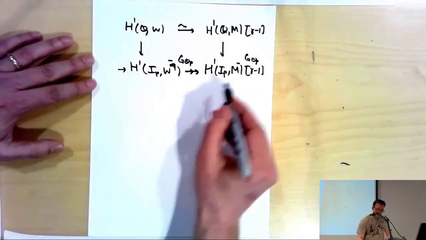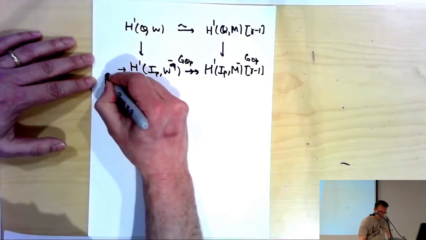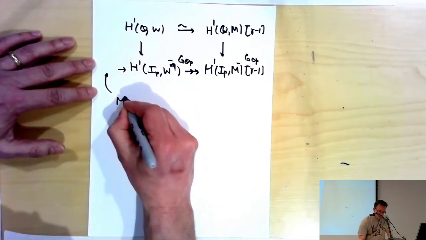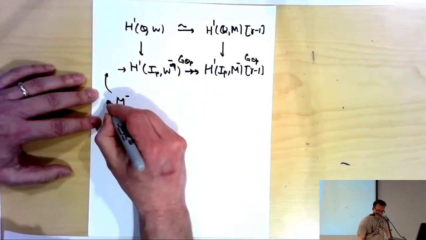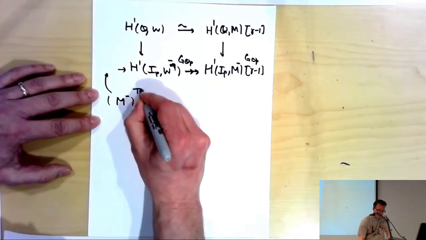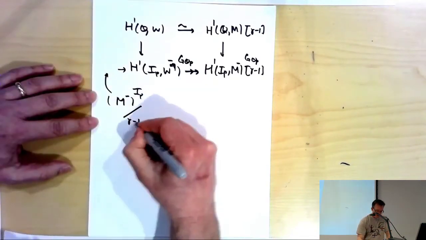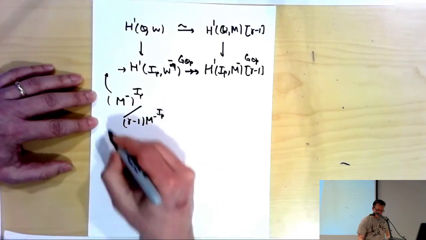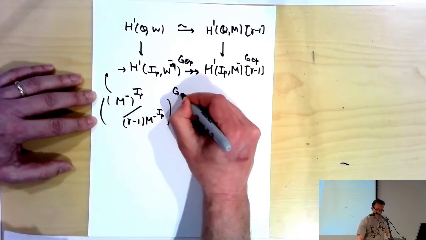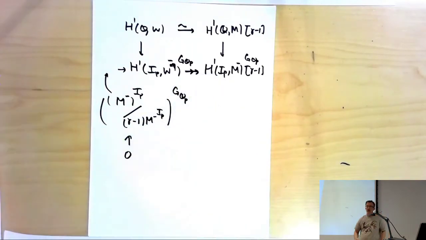What would the kernel be? We would have M minus fixed by inertia, modulo the image under the part to the left, so there'll be the gamma minus 1 of M minus fixed by inertia, and then the whole thing fixed by G_{Q_p}. So then we have a short exact sequence like this.